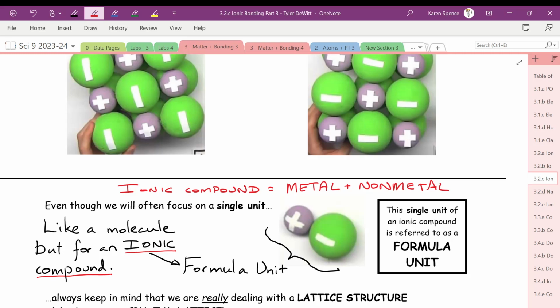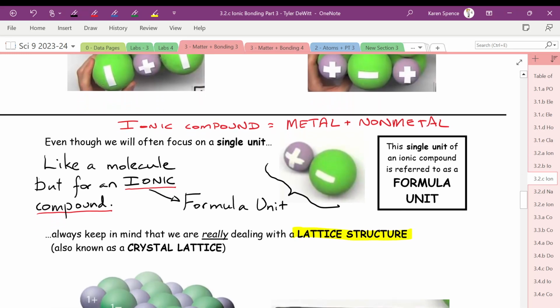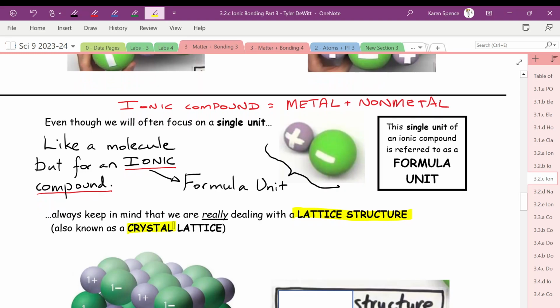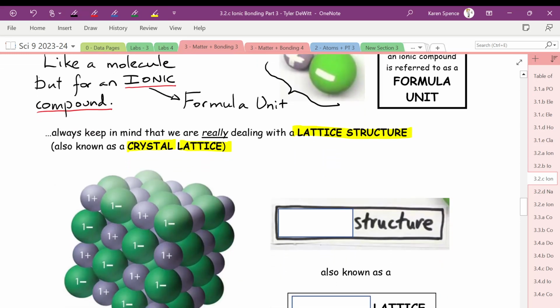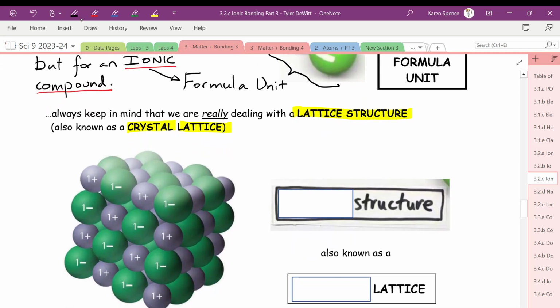What we're really dealing with is this thing called a lattice structure, which is also known as a crystal lattice. So we can fill that in here: the lattice structure, also known as a crystal lattice.